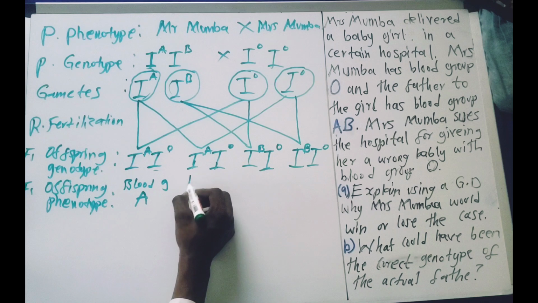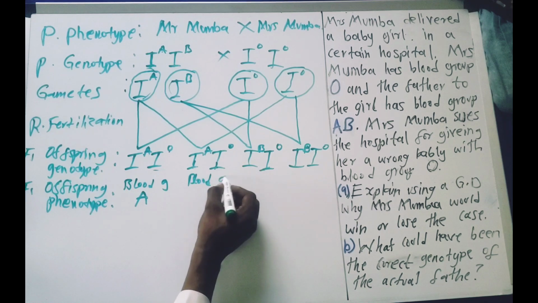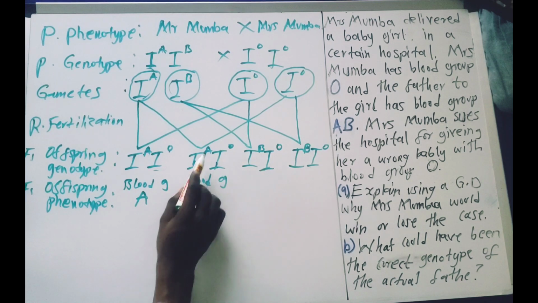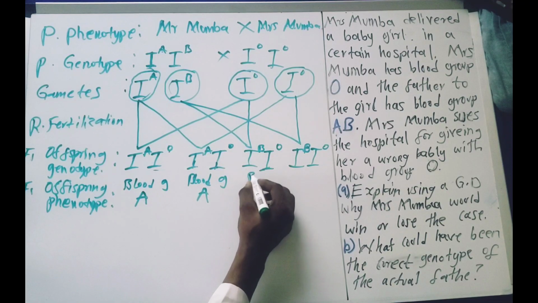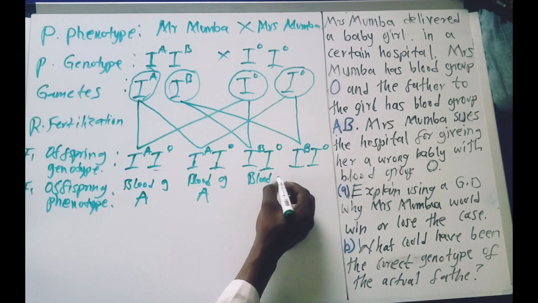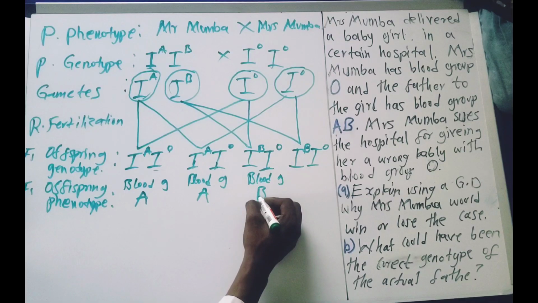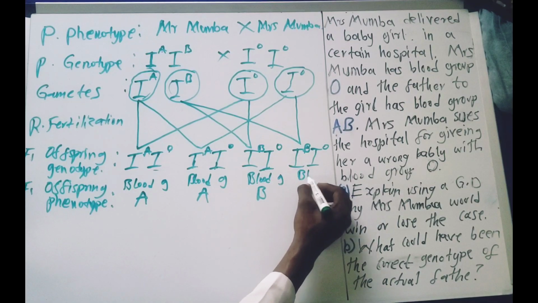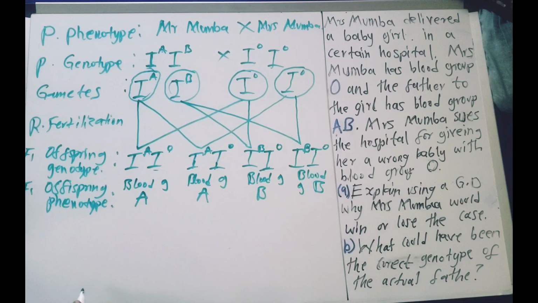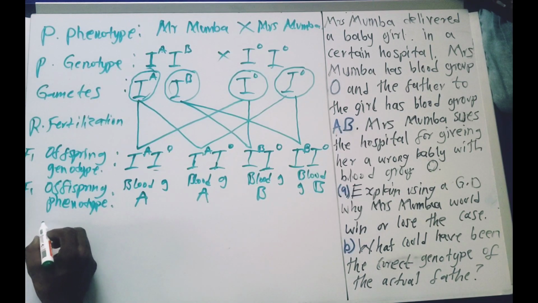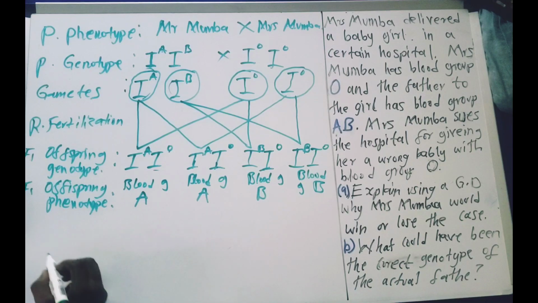Even this one has blood group what? A, because we have A and O. This one will have blood group what? This one will have blood group B. And this one will also have blood group B. Okay? That is it for these ones. Then you need to also state the what?